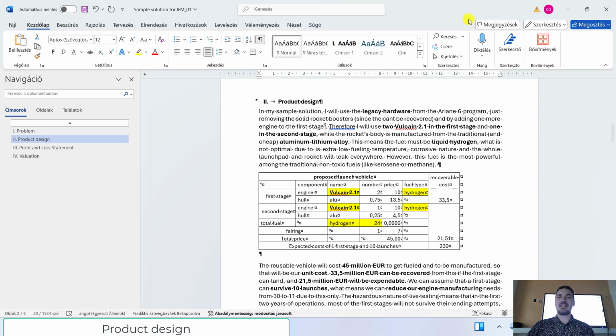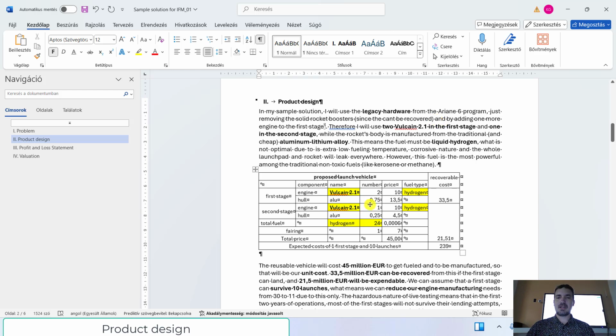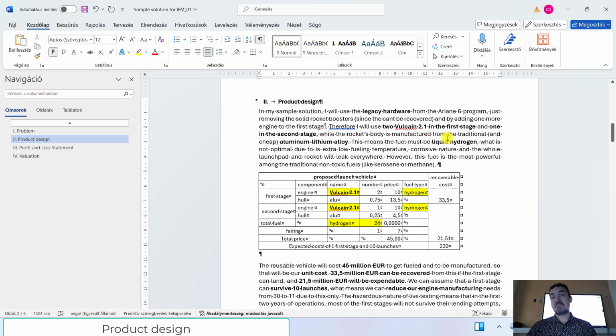Obviously you can write different things here. We don't use solid rocket boosters because this cannot be recovered. That's why I'm using 2 engines from this one, because in practice 2 engines are not that great for landing, since it's not symmetric. You have to ignite both of them in synchronous order, otherwise it can topple in different directions, but still it's an engineering problem. It's not mine, so I'm using 2.